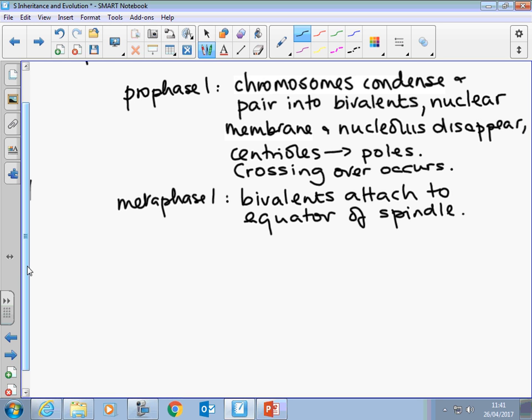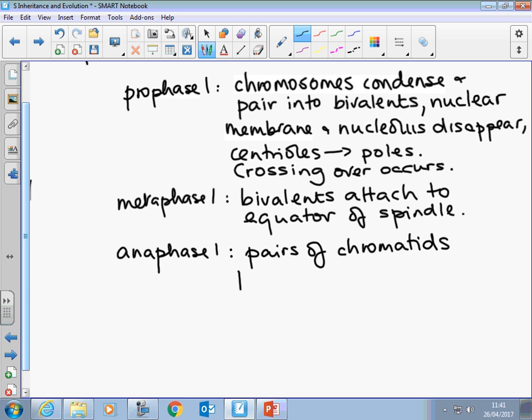On the diagram, it says whole chromosomes move towards opposite ends of the spindle, centromeres first. But they're not actually chromosomes, really. They are pairs of chromatids. So, anaphase 1, that's what I'm going to write, is pairs of chromatids. I'm not putting in all the stuff that we detailed in mitosis, like they're attached by their centromeres, pulled to the ends by the contraction of the spindle tubules. You know, take that as read.